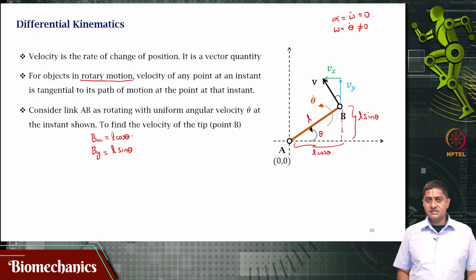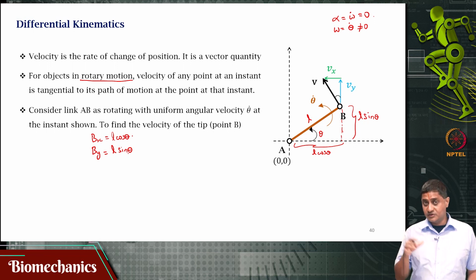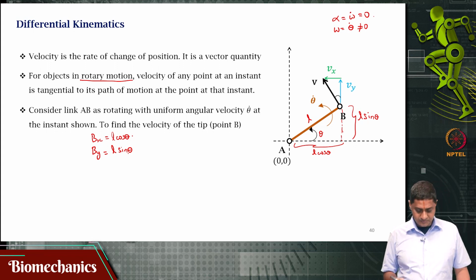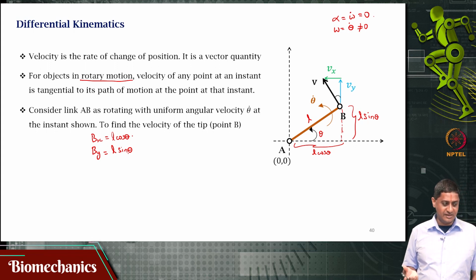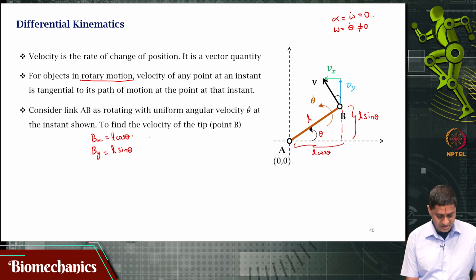I am saying let us differentiate this with respect to time. Well, normally if L was not a constant, you would use the chain rule. That is, you would first assume L as a constant and differentiate the other quantity, then keep the other quantity constant and change L. This is what you would do. But then L dot is 0, that is, L does not change with respect to time.